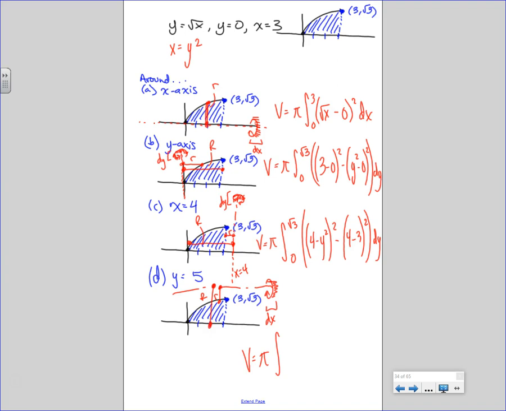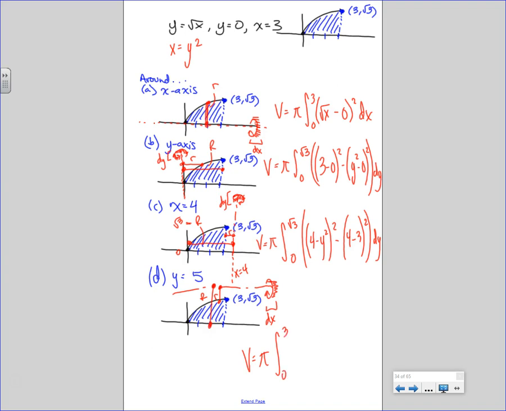The y value of the point is radical. If I was to mark this, I just didn't mark my y values, but it's from y equals 0 to y equals radical. Does that make sense? And for this one, it was x equals 0 to x equals 3. Great. This one's a dx, so I use my x bounds of 0 to 3.